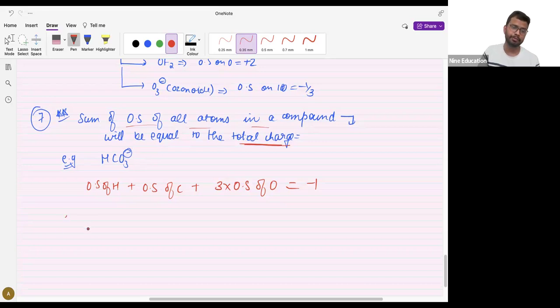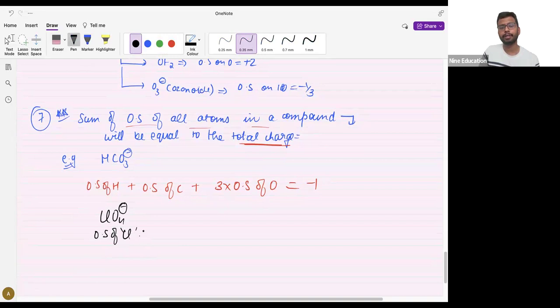Let's say I have one more example. If I take ClO4-, then the oxidation state of chlorine plus 4 times the oxidation state of oxygen will be equal to what?